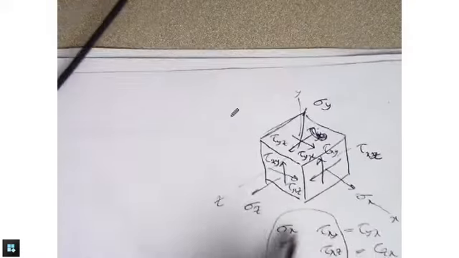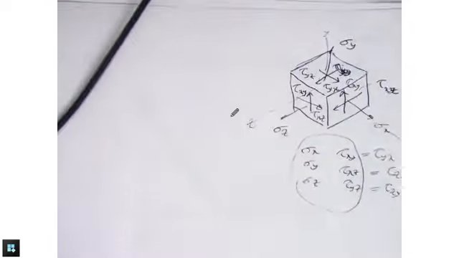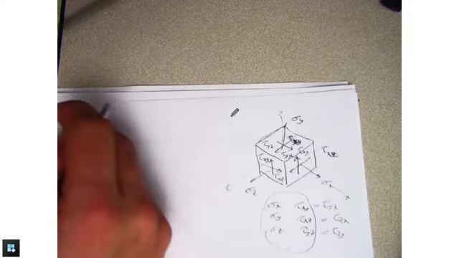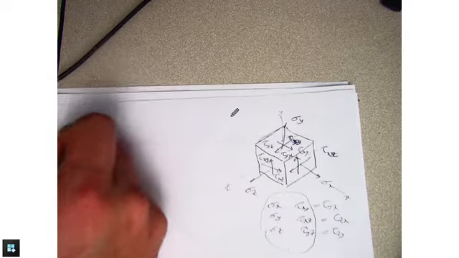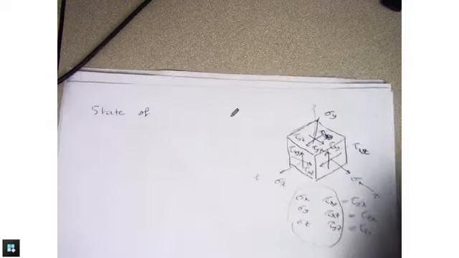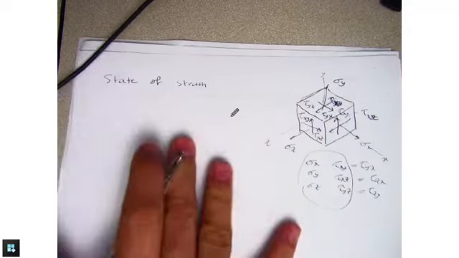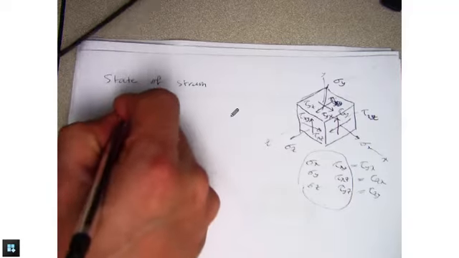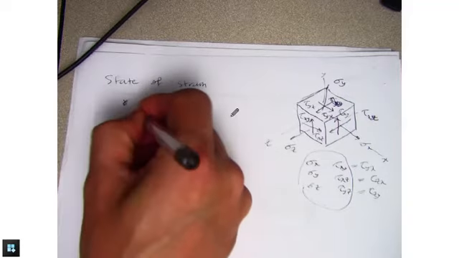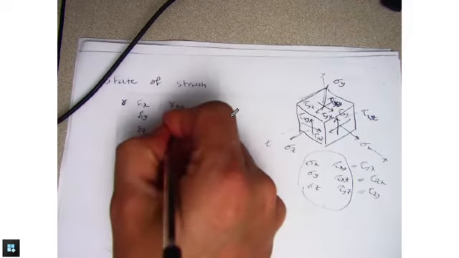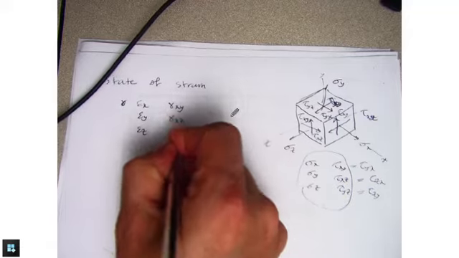Similarly, we have a counterpart of these elements in 3D for strain. So the state of strain in 3D, I'm gonna have epsilon x, epsilon y, epsilon z, normal strains, and then gamma xy, gamma xz, and then gamma yz.